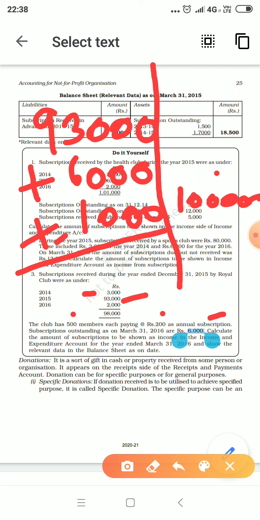Coming to current year's balance sheet, this 6,000 will appear in the asset side of current year's balance sheet because it's an asset we have to receive, we did not receive, and this 2,000 will appear in the liability side of current year's balance sheet because it belongs to the next year but we received in advance in the current year. Okay. See children, you have to pause my video, understand and write the solution in your classbook.